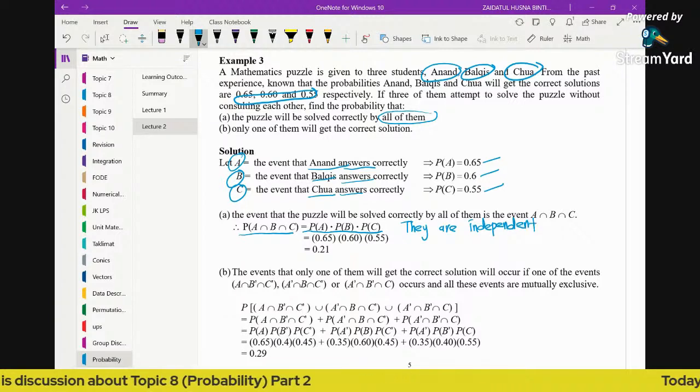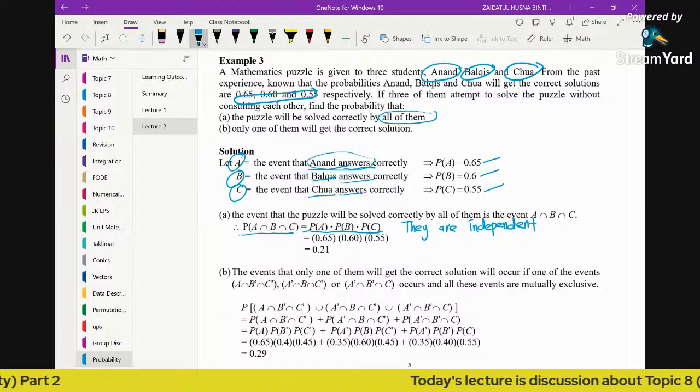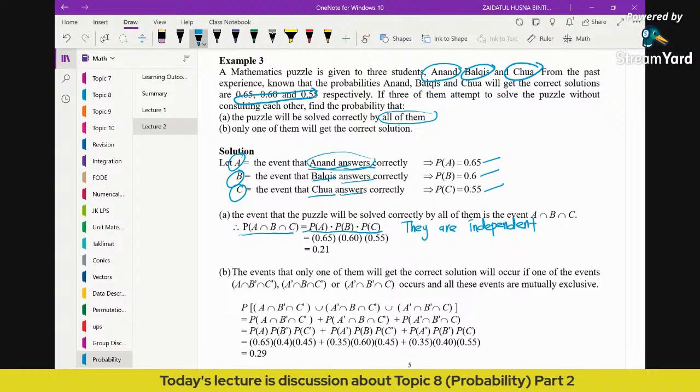Because the event that Anan answers correctly will not have an effect on B and C.